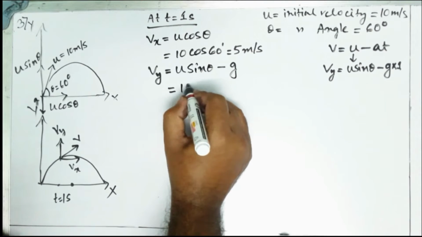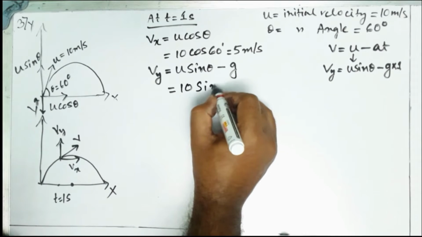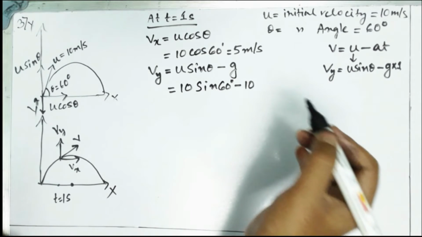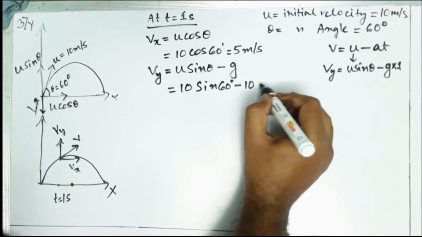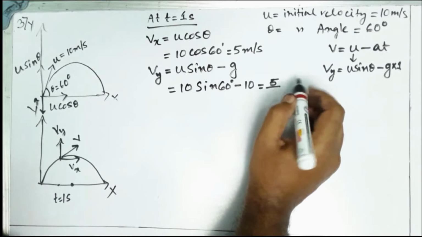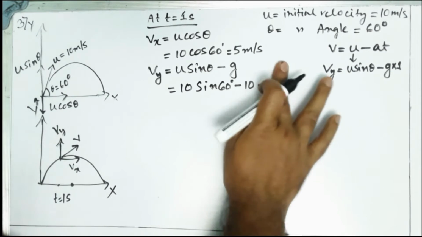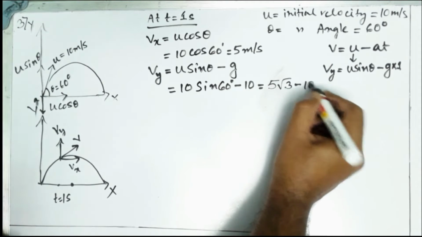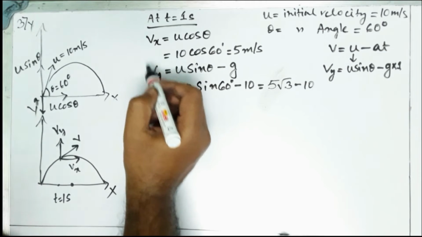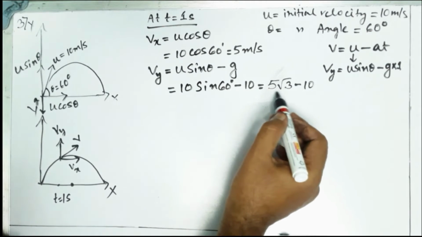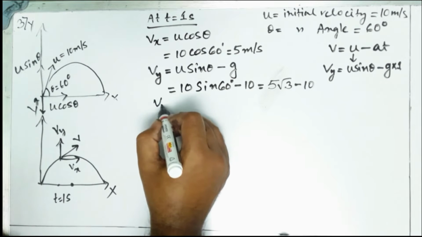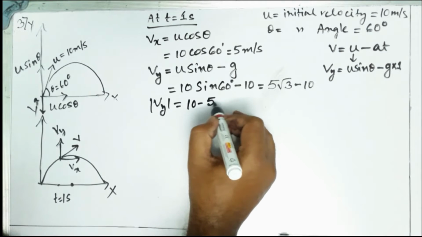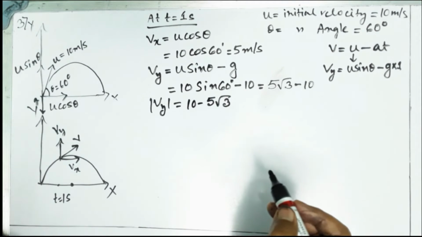Now put the values. u is 10 sin 60 degree minus g is 10. So this gives us 5 root 3 minus 10. This is the value of Vy. And 5 root 3 is less than 10, so we take the mod, and the mod gives us 10 minus 5 root 3.